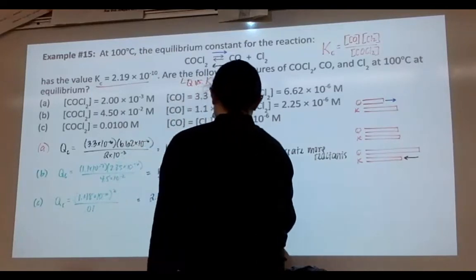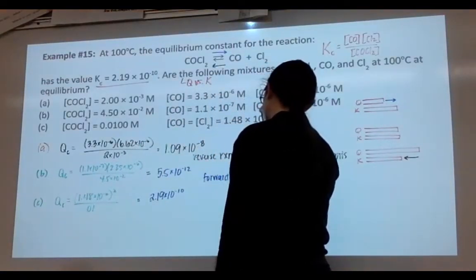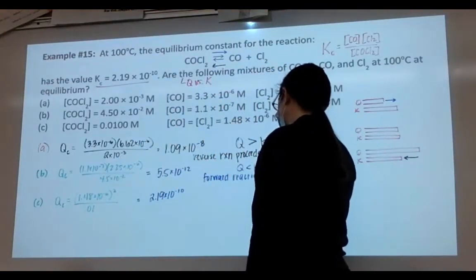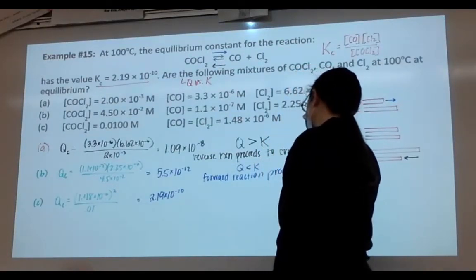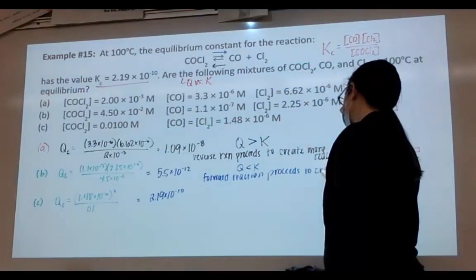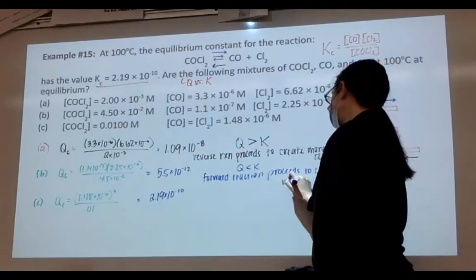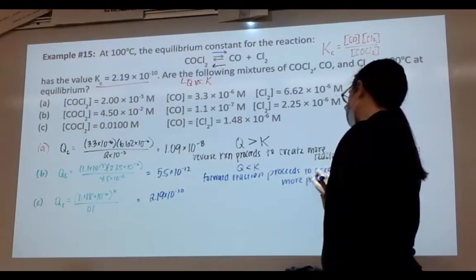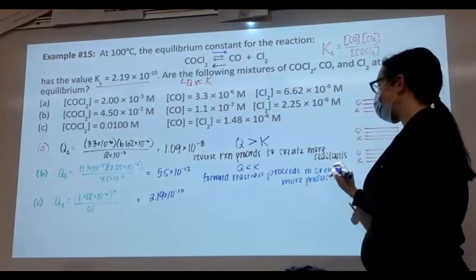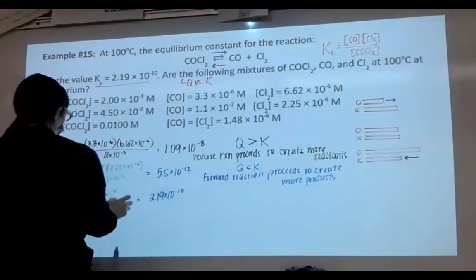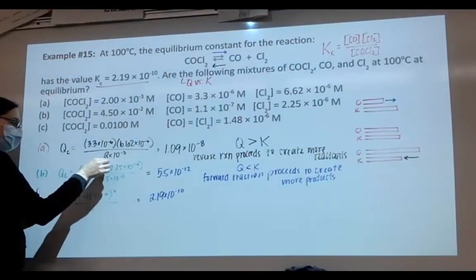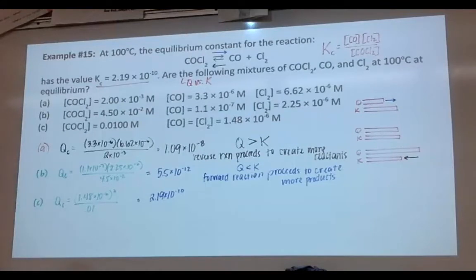So we'll say forward reaction proceeds to create more products. Because when it creates more products, that's going to increase the number on the top, decrease the number on the bottom, and that's going to get us closer to Q equals K.